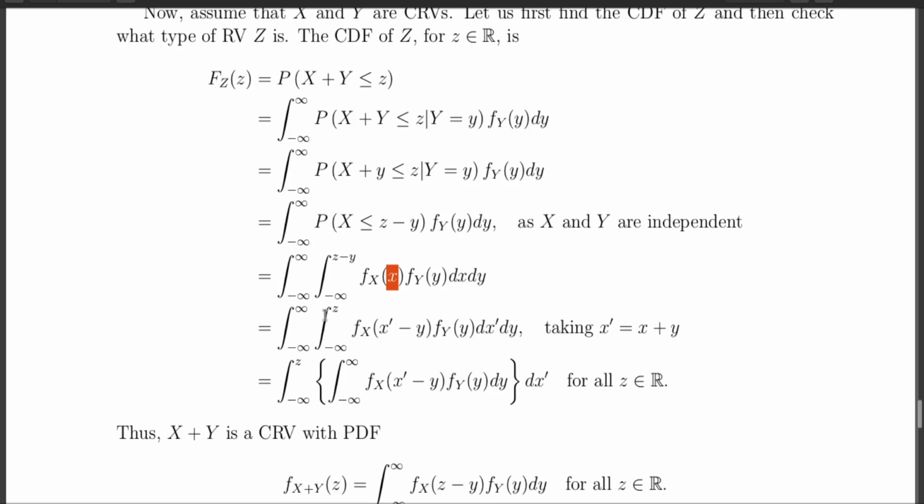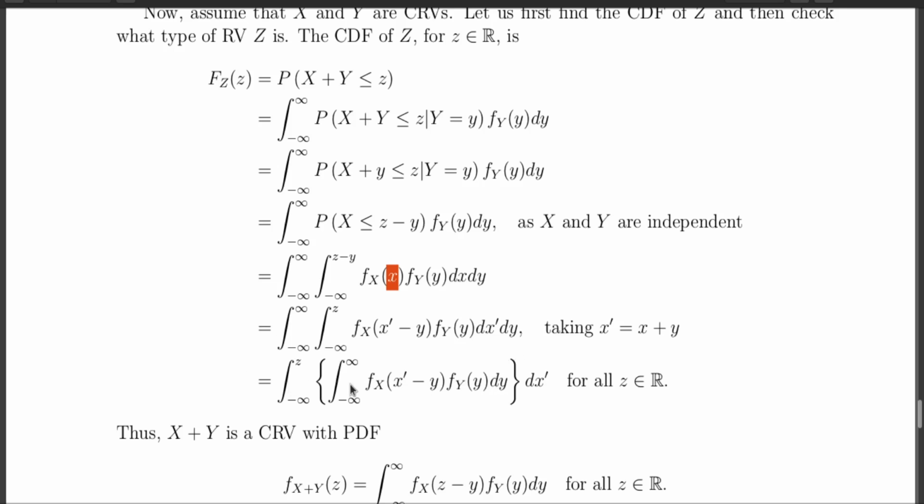Now take this integration outside, because everything is non-negative here, I can interchange the order of integration. The inside integration I take outside, and the outside integration I take inside, and I can write this expression in this manner.